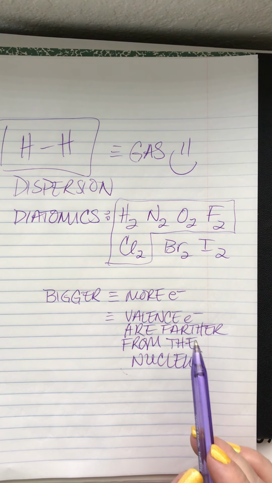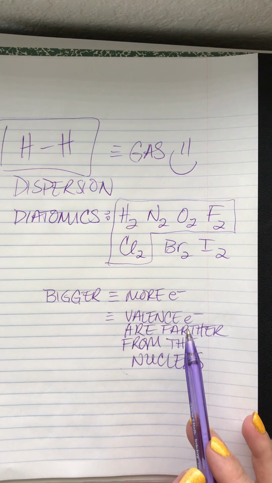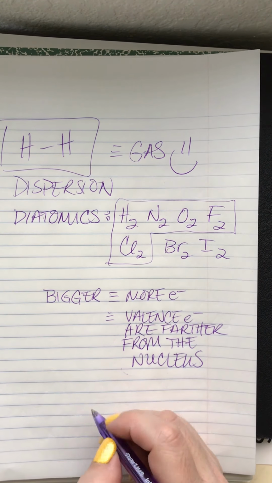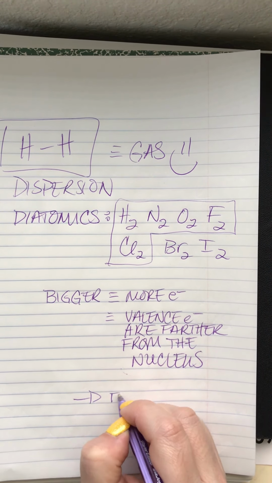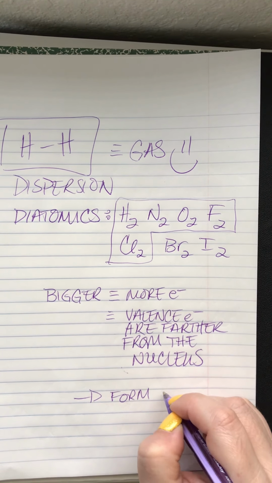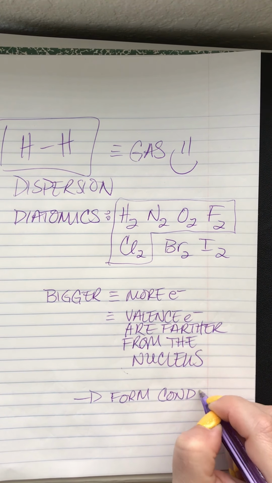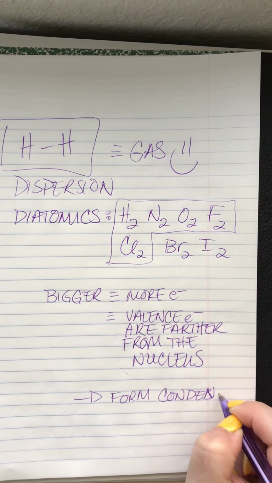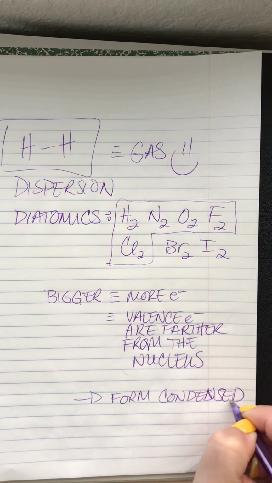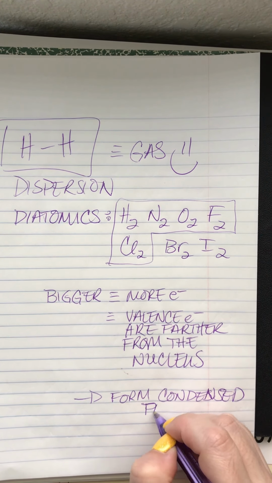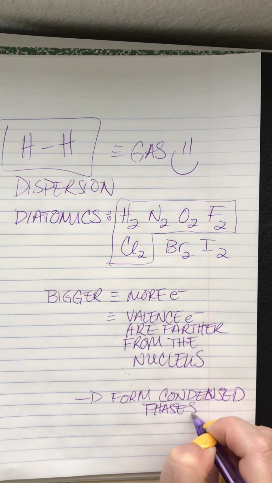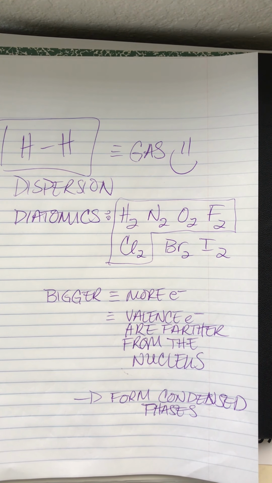If those electrons are more free to move around, then they can form condensed phases. Does that kind of make sense, guys?